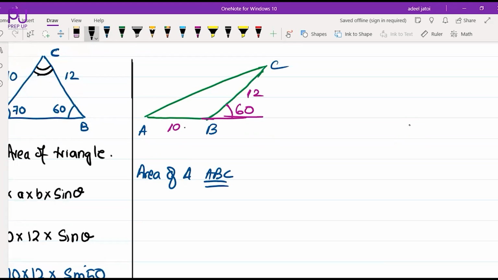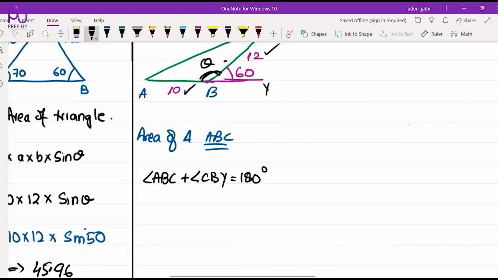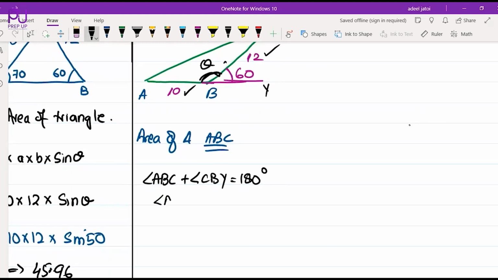I know that the adjacent sides are 10 and 12, and I can find this angle. Angle ABC plus angle CBY should be equal to 180, because it is a straight line. We know that one angle is 60, so we can subtract it from 180 to find the other angle, which is 120.